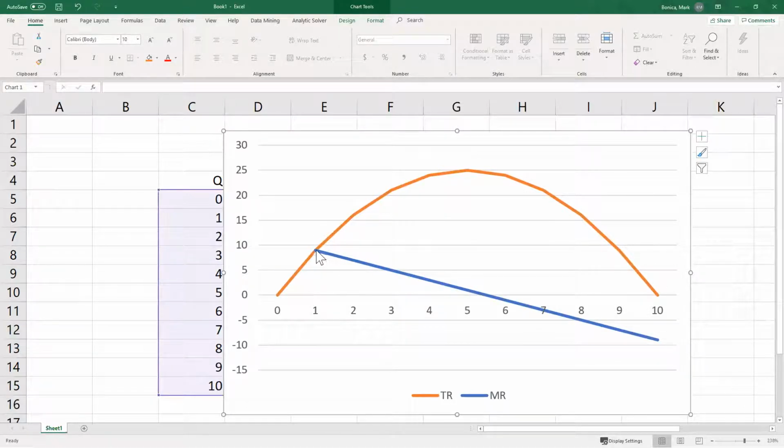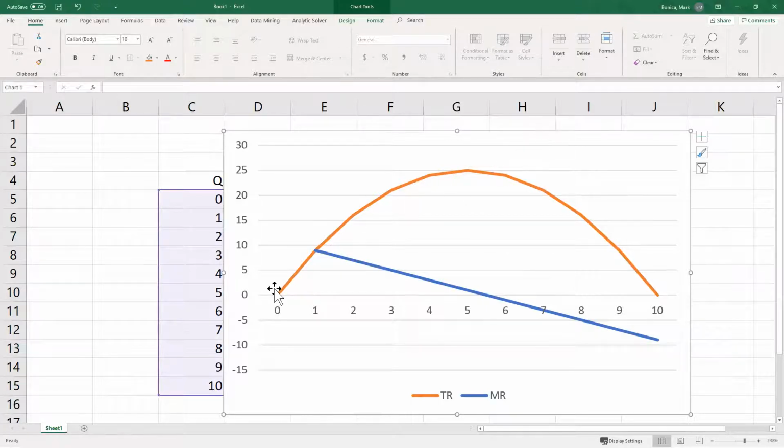The marginal revenue starts high and starts to go down. And then when the total revenue is at its maximum, the marginal revenue hits 0, and then it goes negative along with the total revenue starts to go down. So when marginal revenue hits 0, that's actually when you're going to have the highest total revenue.